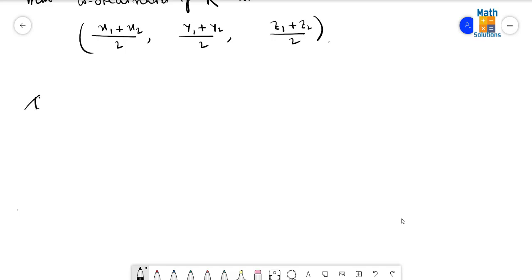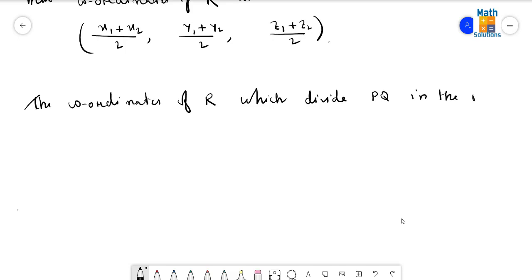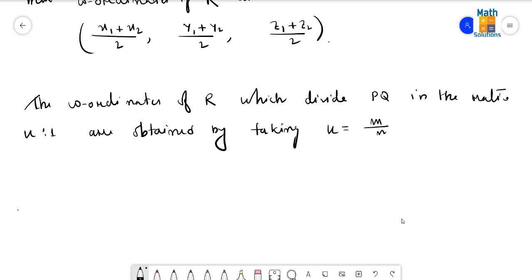Again, after this, there is another format. The coordinates of capital R which divides PQ in the ratio k:1 are obtained by taking k equal to m by n.